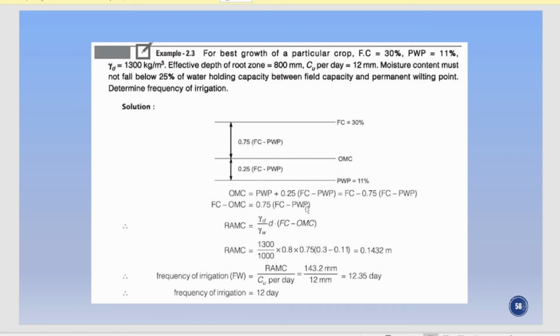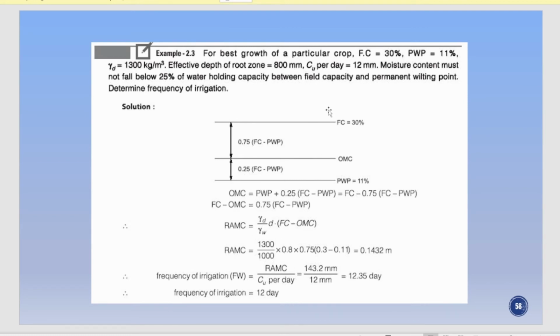Now we are trying to determine the readily available moisture content, which is from here to here. The readily available moisture content depth is gamma D divided by gamma W, which is 1300 divided by 1000, multiplied by the depth of root zone, which is 800 mm, given to you, or 0.8 meter, multiplied by FC minus OMC.